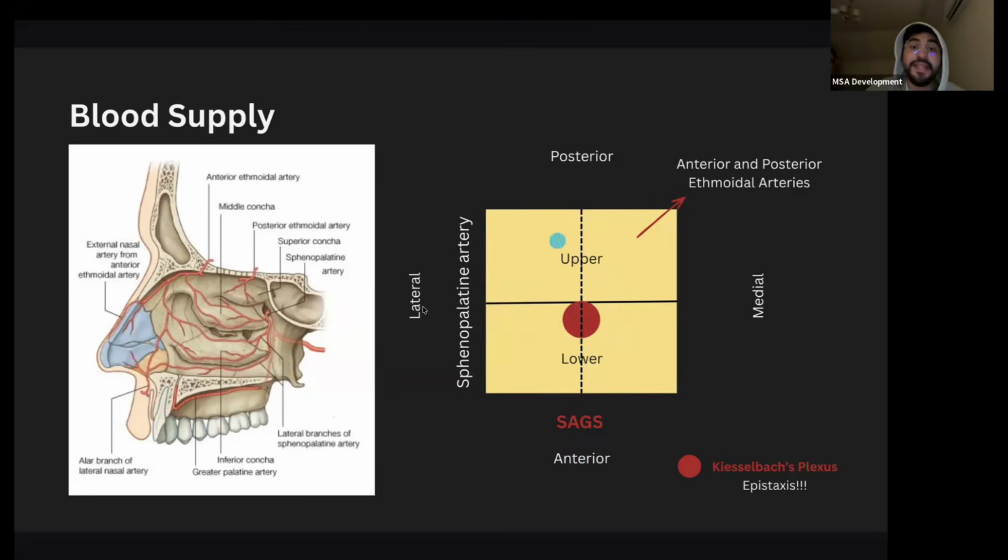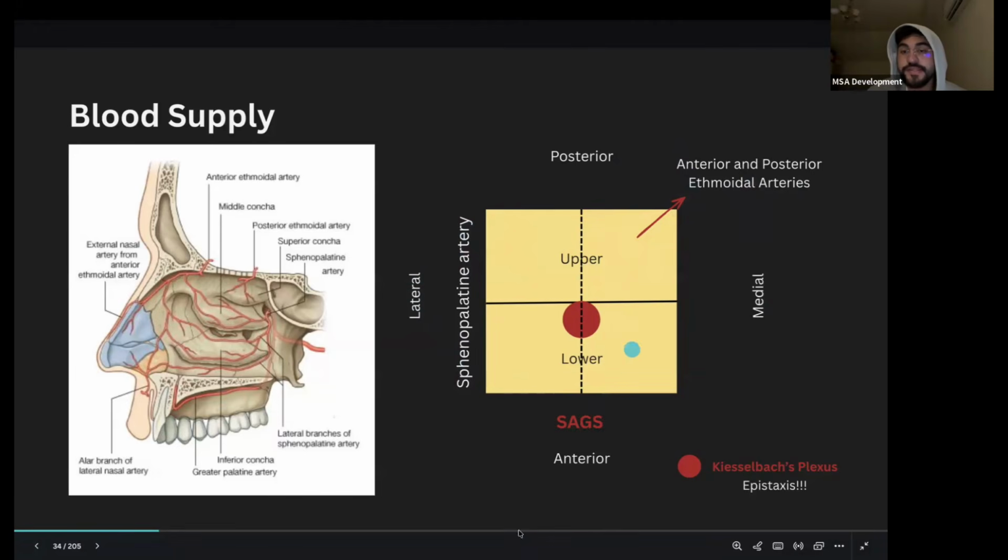The lateral wall of your nose is supplied by the sphenopalatine artery. The upper part is supplied by the anterior and posterior ethmoidal arteries. And then the anterior part of your nose is majorly supplied by the Kieselbach plexus.